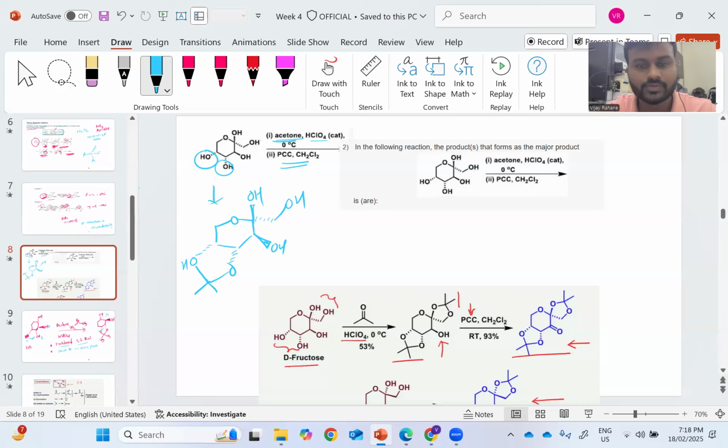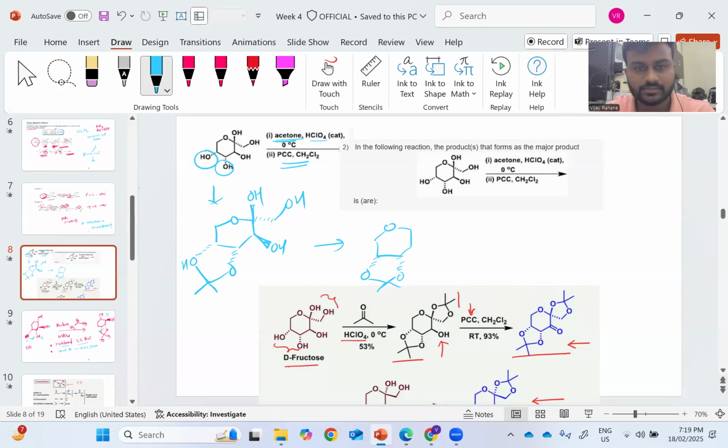What does PCC do? PCC does the oxidation of alcohols to keto, right? So the oxidation of alcohols to keto occurs.